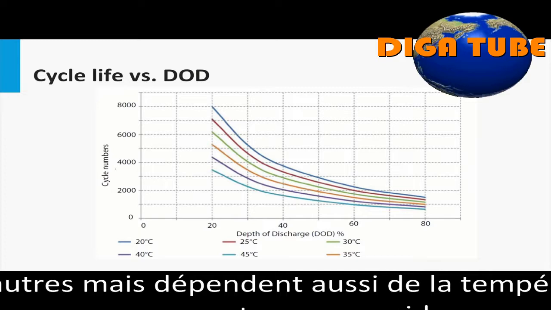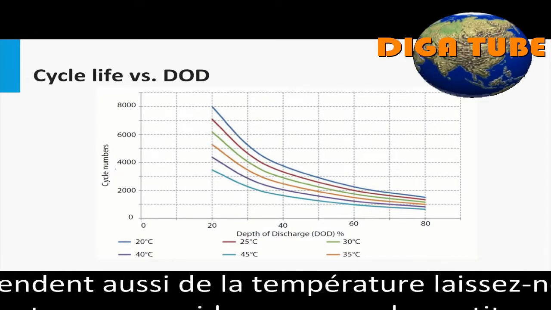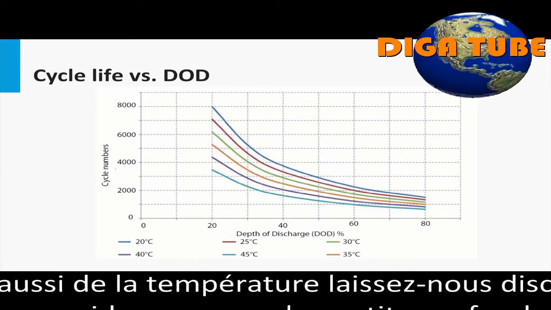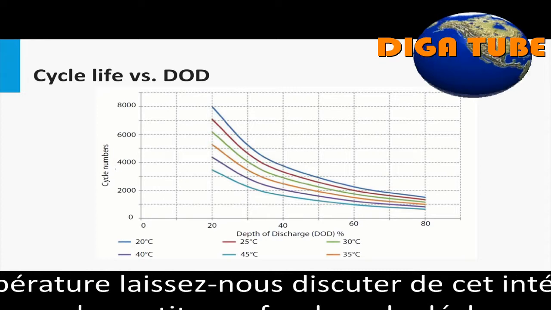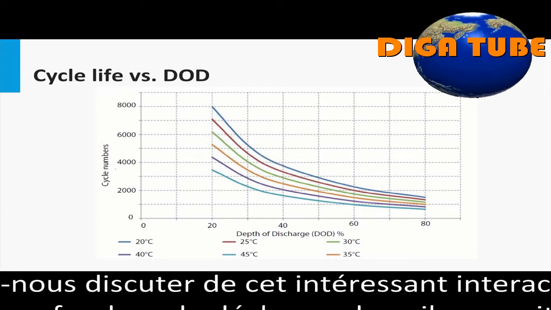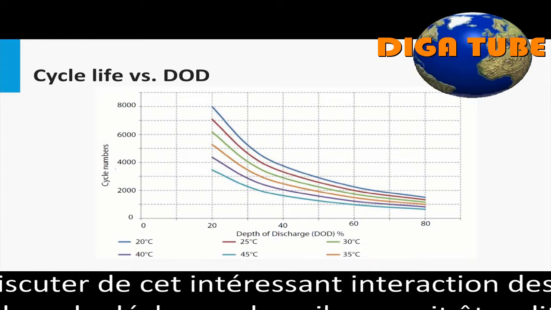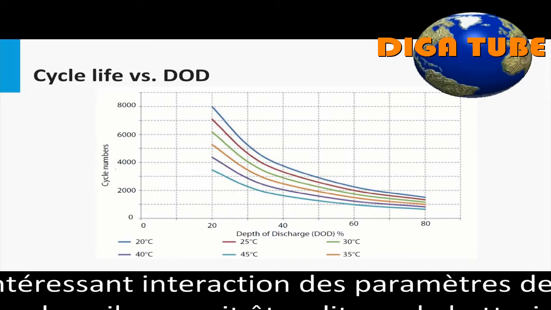This can be seen in the graph shown here for a typical maintenance-free lead-acid solar battery. Clearly, the battery lasts longer under colder temperatures of operation. Furthermore, for a particular temperature, cycle lifetime depends non-linearly on the depth of discharge or DOD.